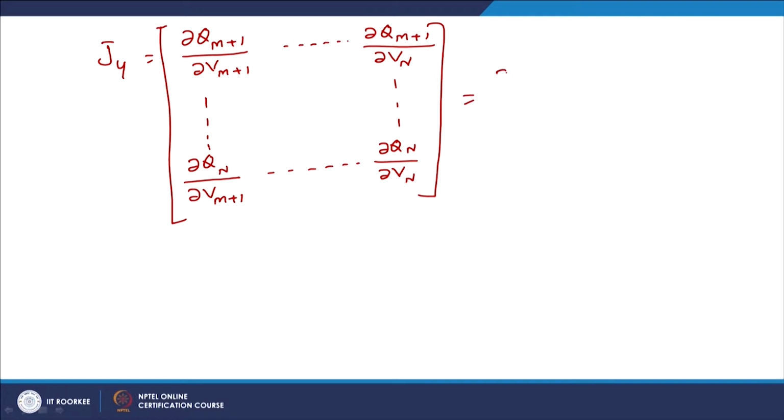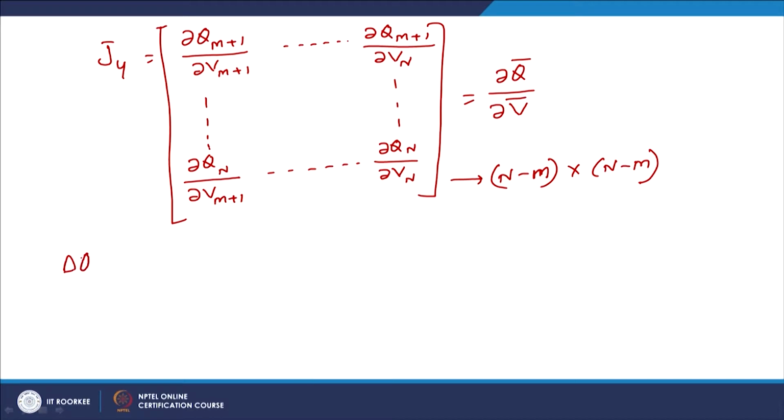So, it would be del Q by del V vector, and its dimension would be n minus m cross n minus m.